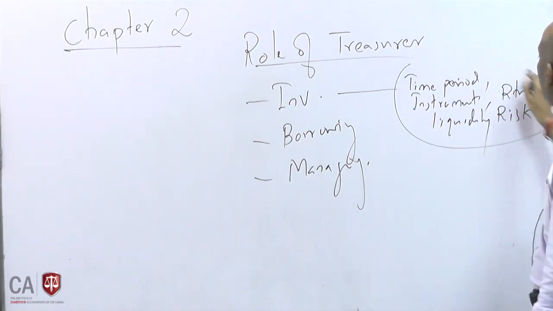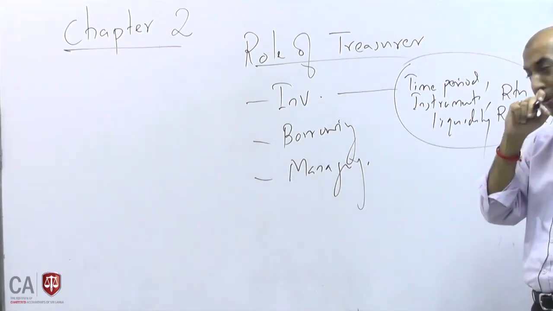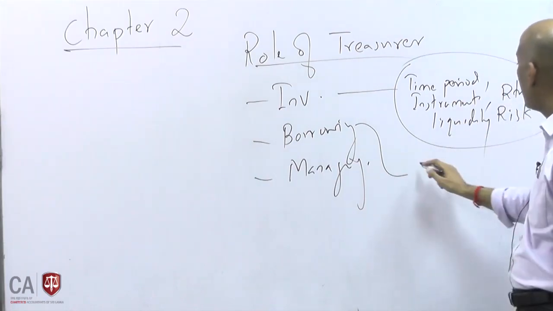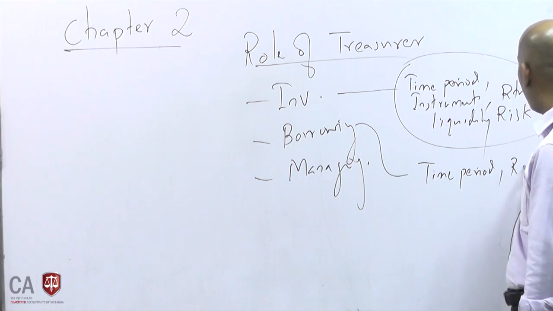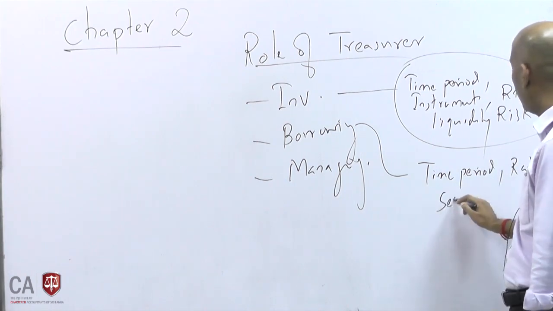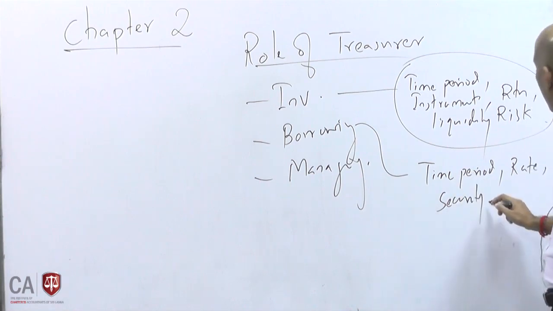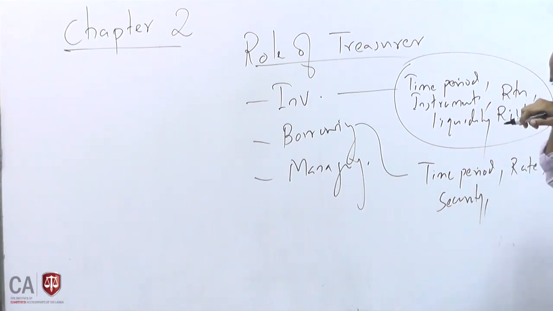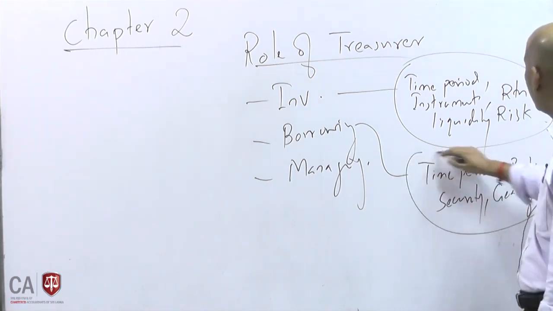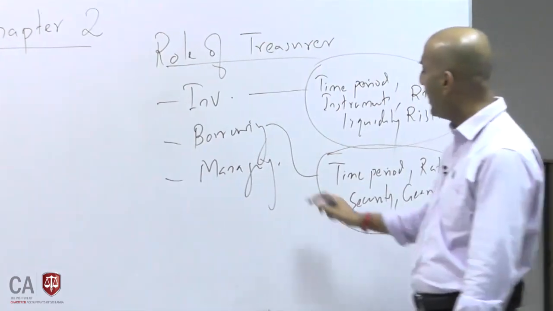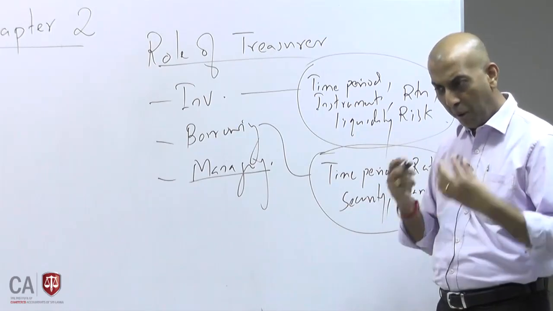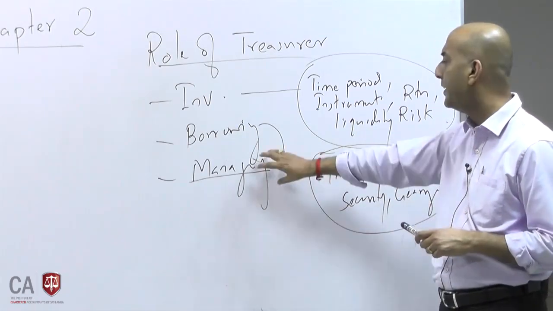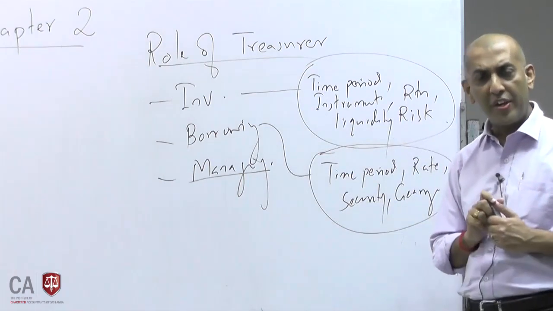All these factors we have to consider when making an investment. For borrowing, again, the time period, rate, security, and the gearing position of the company. So these are some of the things you will consider when you are going to borrow. Managing involves all these activities, which you manage for proper financial management purposes. So these are the roles of the treasurer.